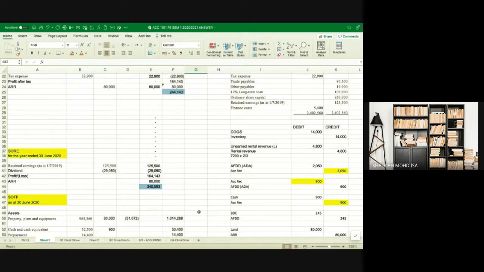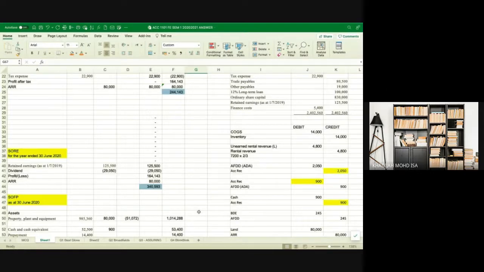Because when you do a lot of exercises, it will help you to expedite. You can do it faster because you already know the transactions. You don't have to think much about what the double entries for the transactions are. Looking at depreciation, you already know how to compute it and what the double entries for the depreciation are.